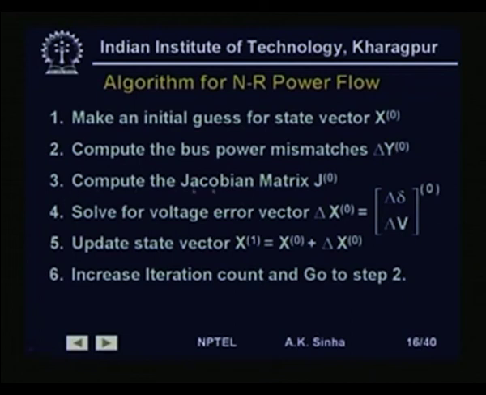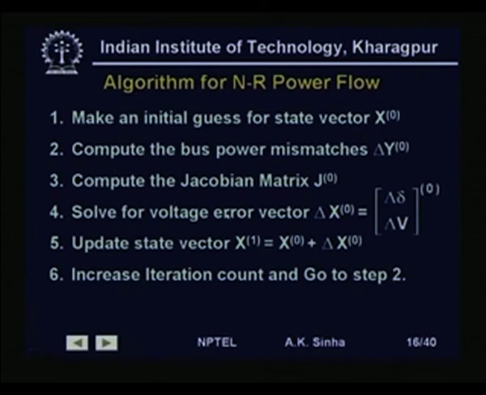The next step is to compute the Jacobian matrix J0 with the initial guess state vector x. That is, knowing all the voltage magnitudes and angles with the guessed initial values, we compute the values for the elements of the Jacobian matrix at the initial operating point.